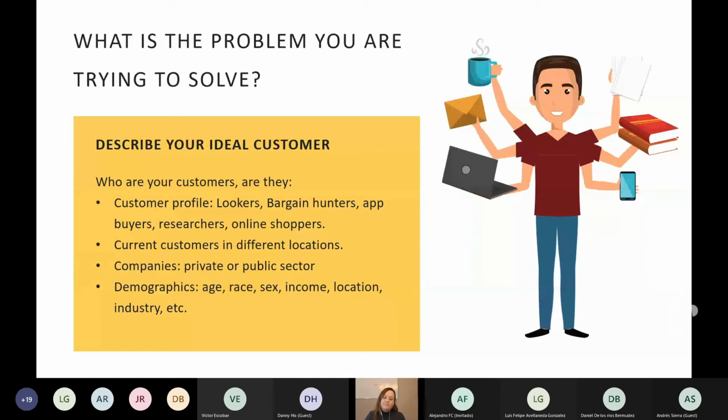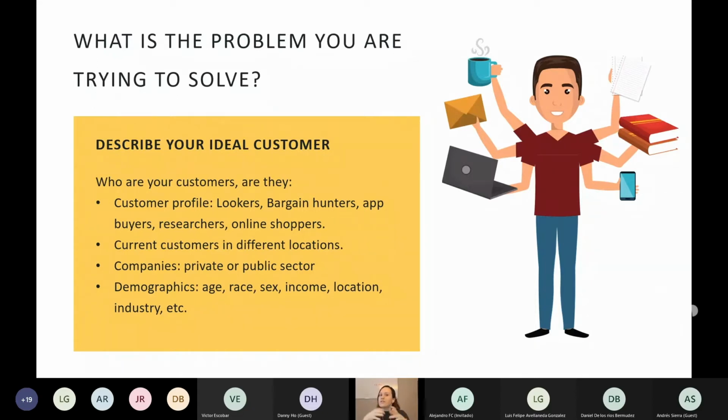Then the second thing in defining the problem you're trying to solve is that you're able to describe your customer, right? What is your customer profile? What does your perfect customer look like? Are they lookers, bargain hunters? Are they app users? Do they like to read? Are they in a certain location? I know that there's a company here that serves farming.